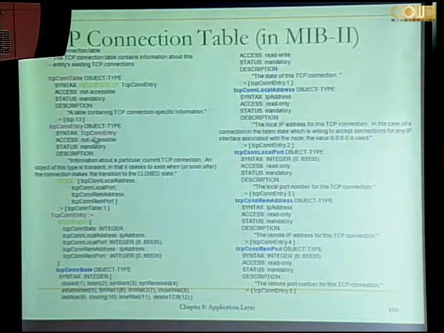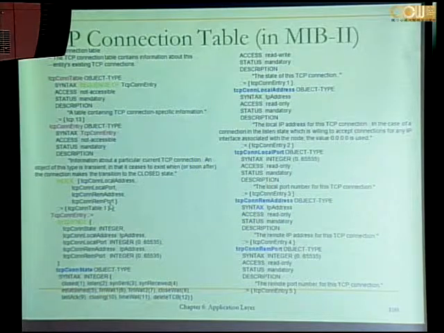It says it's a TCP connection entry, and an entry would have these fields: TCP connection local address, TCP connection local port, TCP connection remote address, TCP connection remote port.